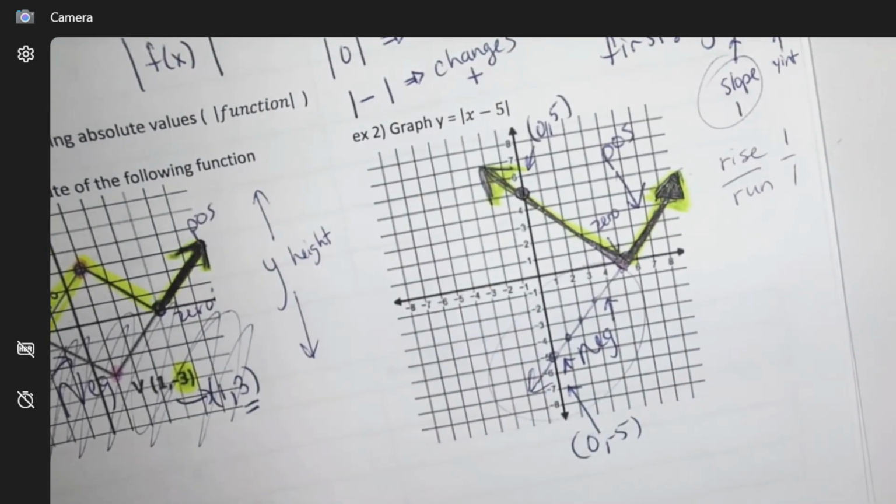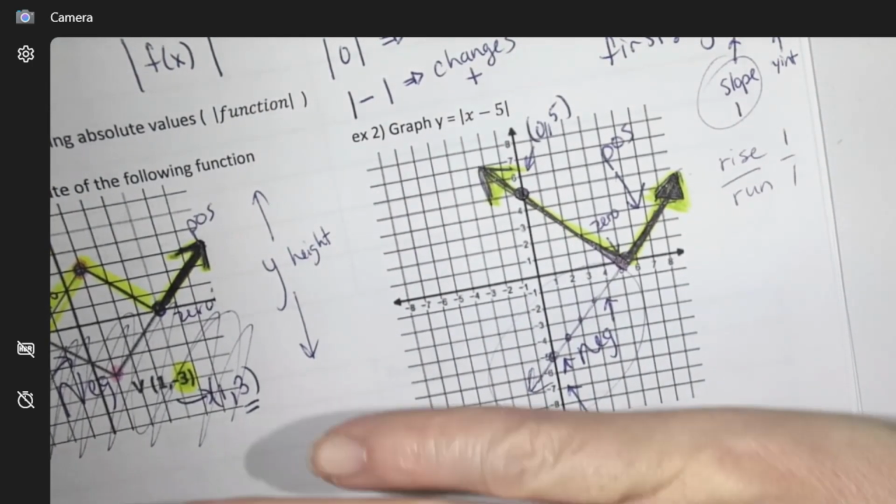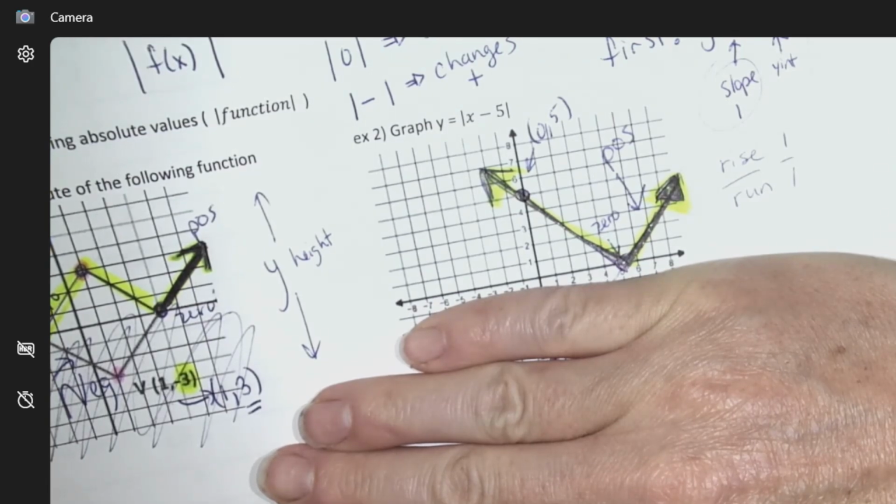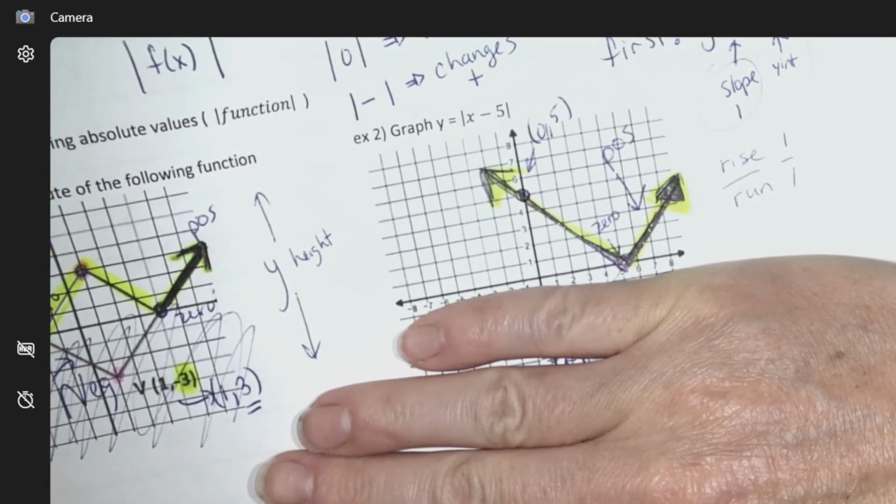And there you go. That's my final graph. And again, my final graph, look at it. Nothing's going to be down there at all, right? It can't have negatives. No solutions, right? Can't have negatives.